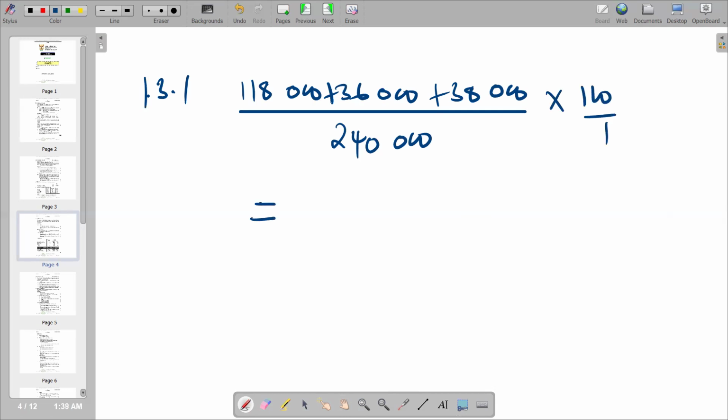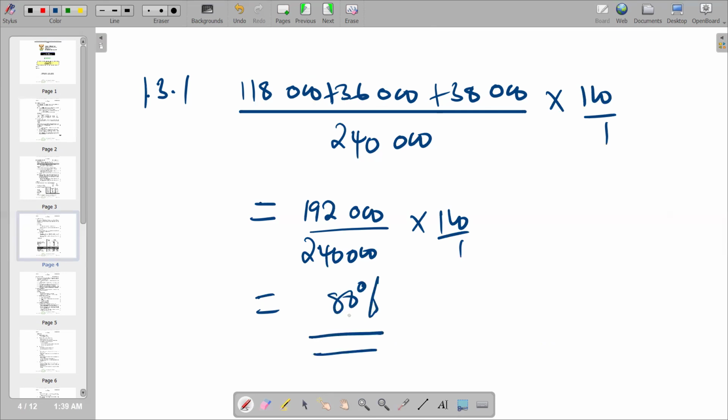So if you simplify it further, we add what we have on the numerator, 118,000 plus 36,000 plus 38,000. You're going to get 192,000. Then we'll say over 240,000, and then you multiply by 100 over 1, and then if you calculate, you are going to get 80%.